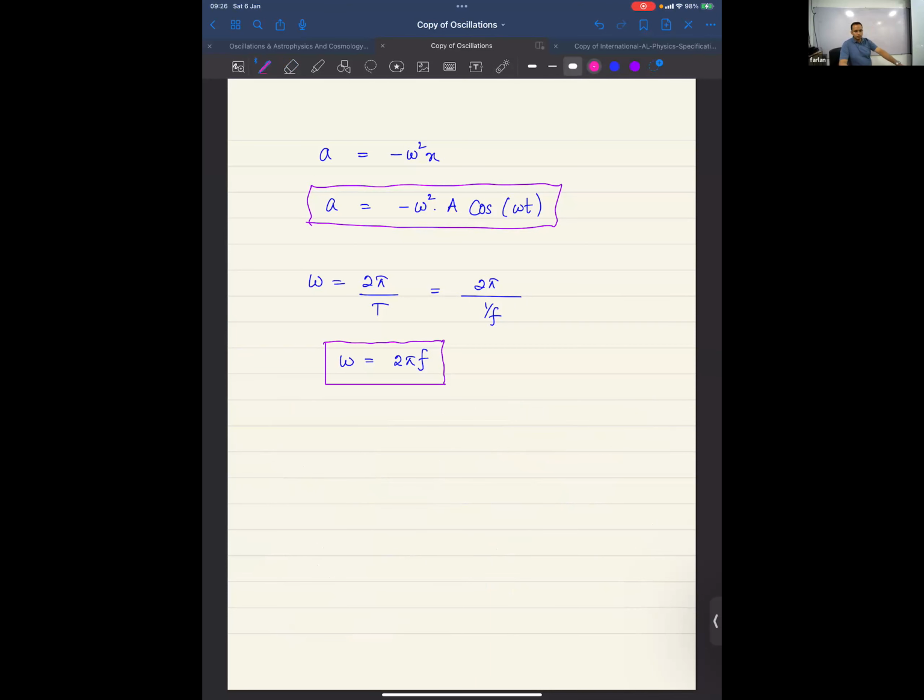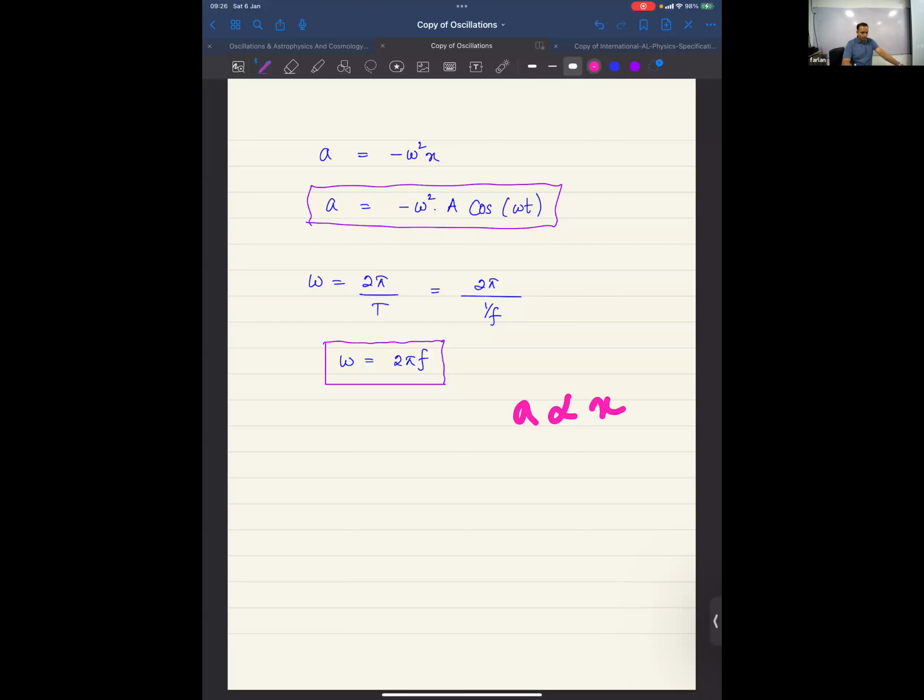Right. Guys, now you know acceleration is directly proportional to the displacement. So when an object is moving in simple harmonic motion, where will the acceleration be maximum? I'm asking in terms of displacement. a is directly proportional to x, right?